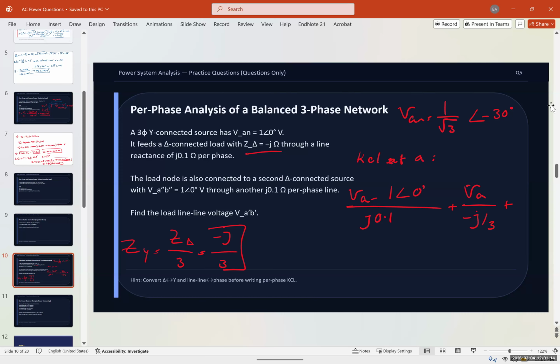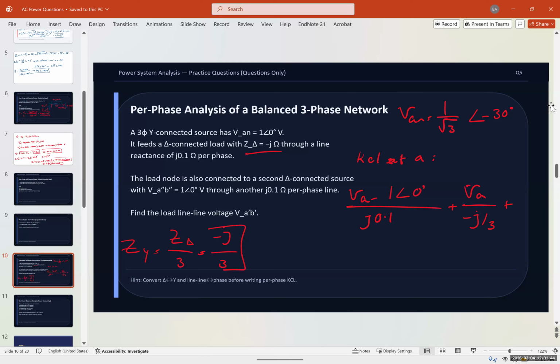Yeah, that is correct. But the thing is, it's connected to a delta connection, so we have to convert all the deltas to Y's and all the Y's to deltas. In a delta connection the line voltage is the phase voltage, but in a Y connection, the phase voltage is different than the line voltage.